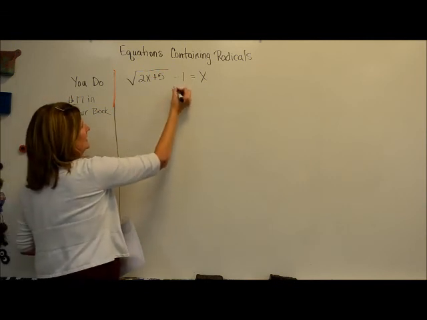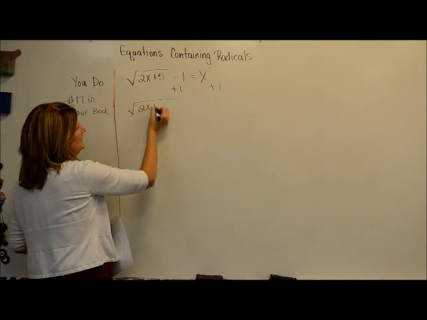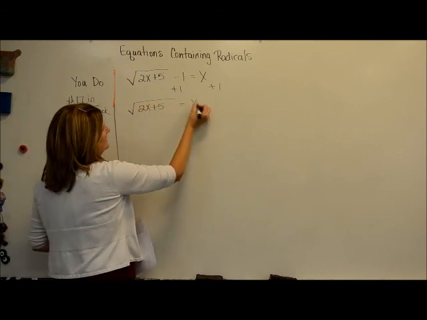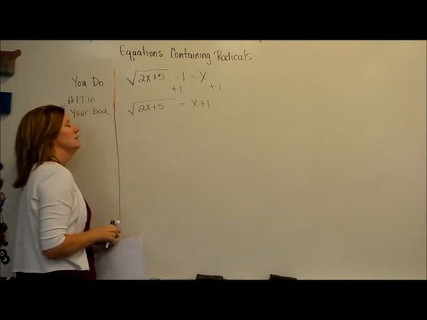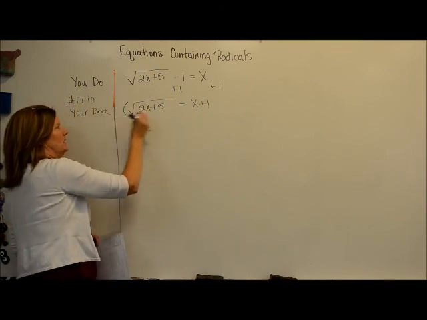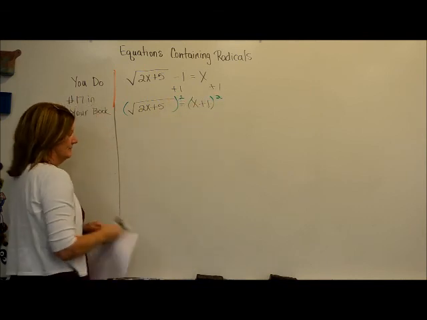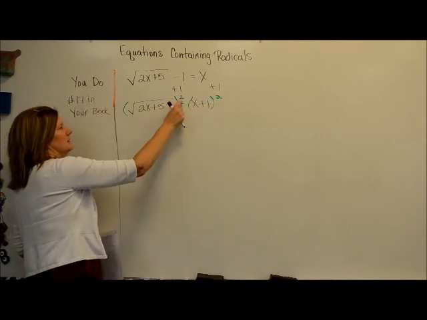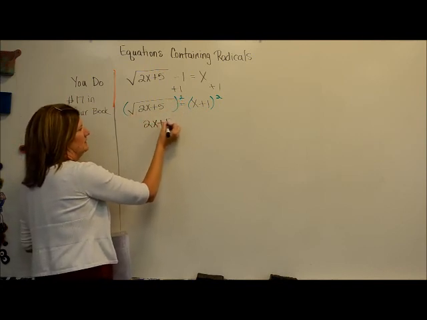Well, what I'm going to do is isolate. I have square root 2x plus 5 equals x plus 1. Because this is a square root, I'm going to go ahead and square both sides. The square of a square root is just what's underneath the radical sign.